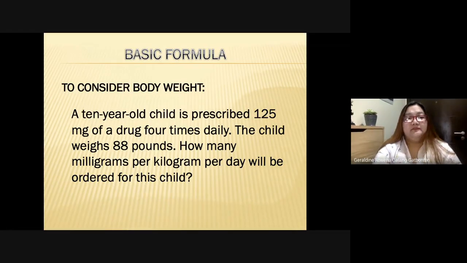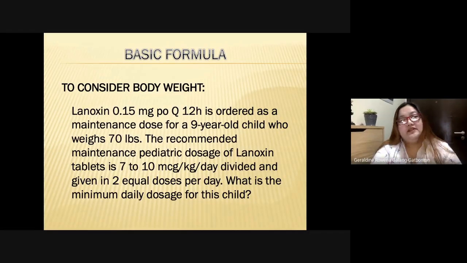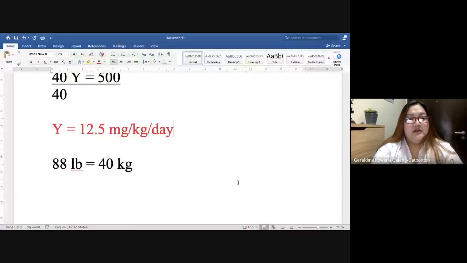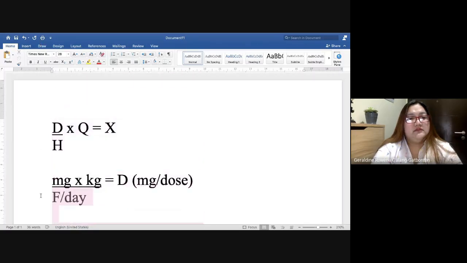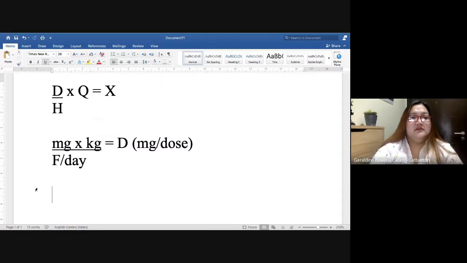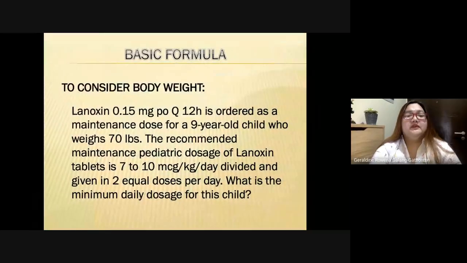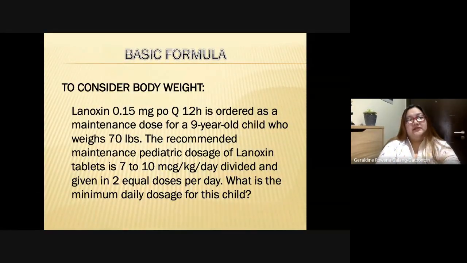Okay? Let's have another example when we compute using body weight. So lanoxin, 0.15 mg Q12 is ordered as a maintenance dose for a 9-year-old child who weighs 70 pounds.